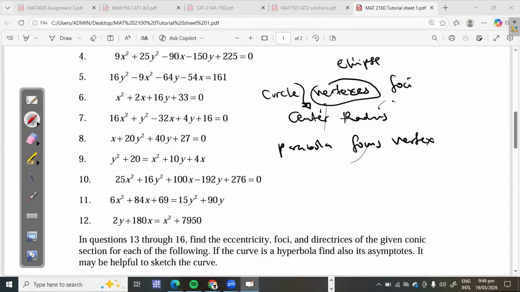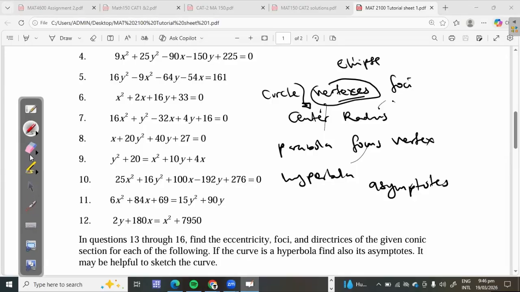Then for a hyperbola, you find the vertices, the center, and the foci. So that's basically what you're doing when you're discussing. And of course, for the hyperbola, you also find the asymptotes, which are very easy to follow through.